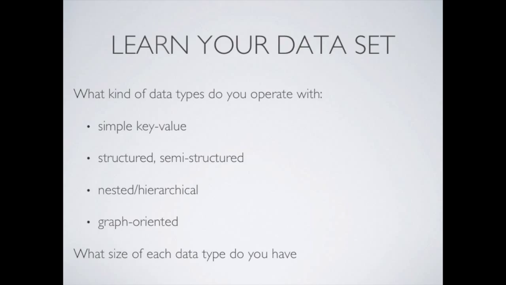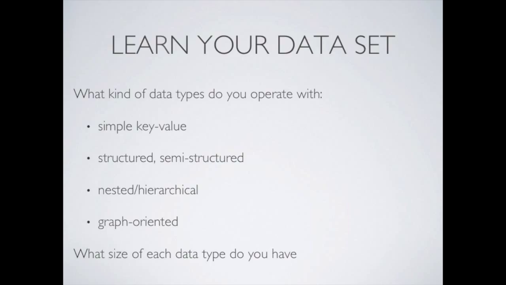Next step would be to learn a little bit about your data set, how your data actually looks like, in terms of data modeling. Is it just a simple key value, meaning every entity in your system is represented by a unique identifier, and you don't really care what is actually stored in the value? You only need the whole record for nothing.